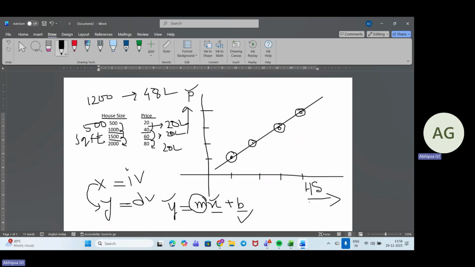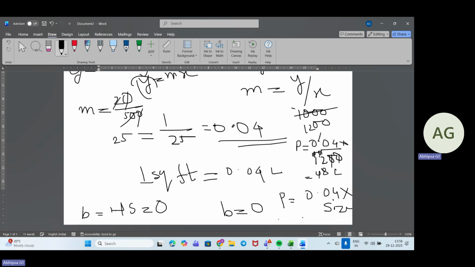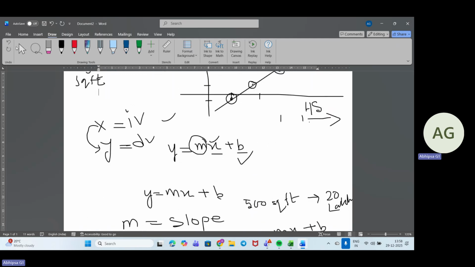That is coming in between 40 and 60, for 1000 to 1500 square feet. So this is how we are getting the data. Now we need to predict the price accordingly. So we have predicted this price as 43.